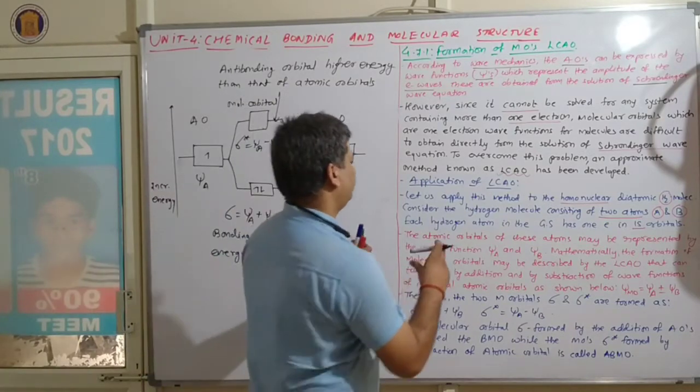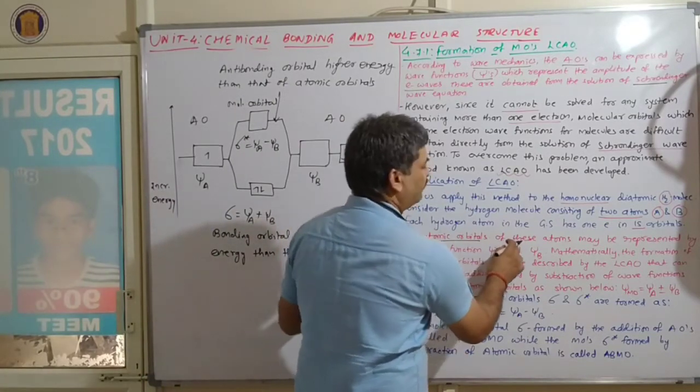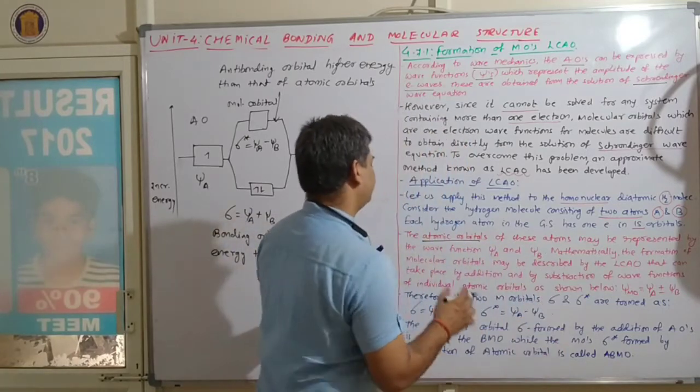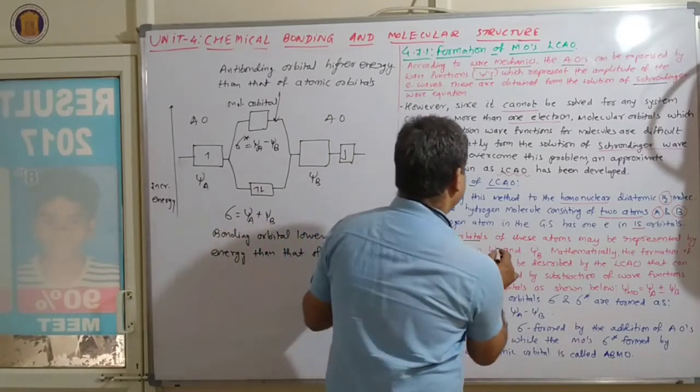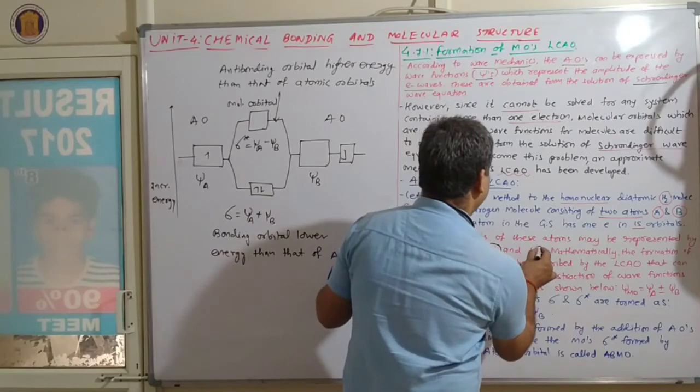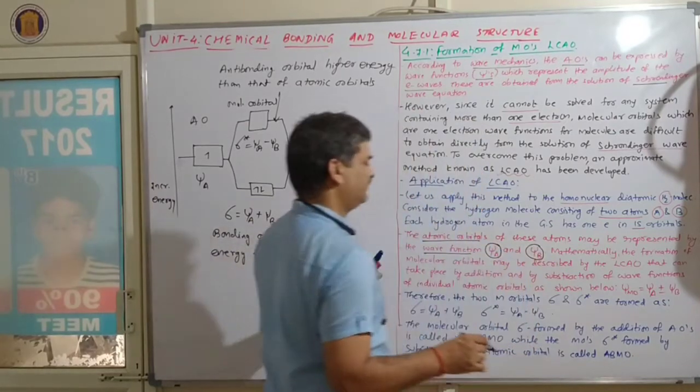The atomic orbitals of these atoms may be represented by wave functions psi A and then after psi B. Clear?